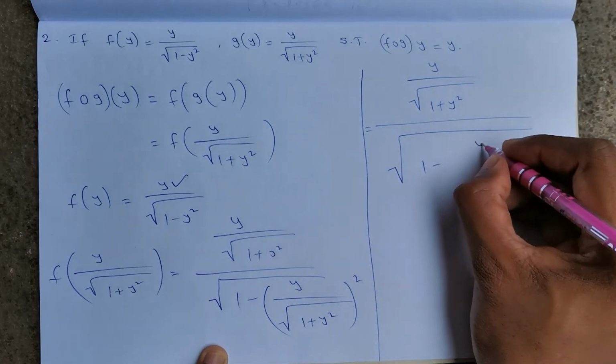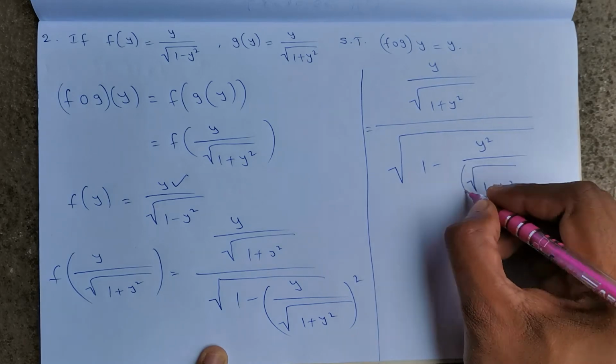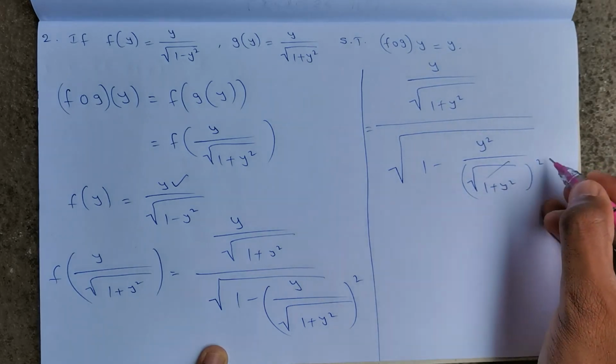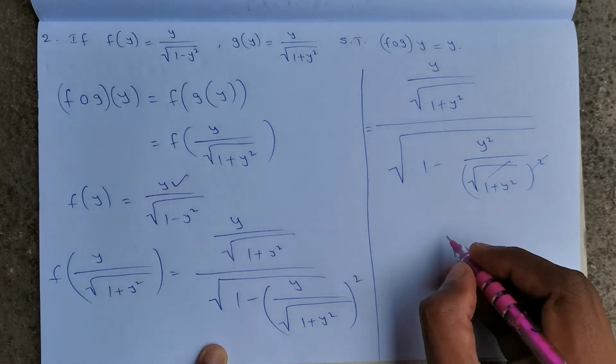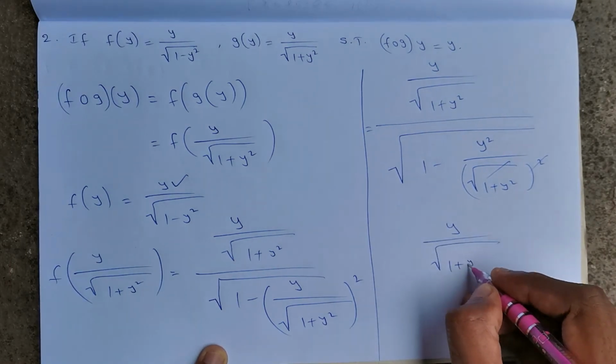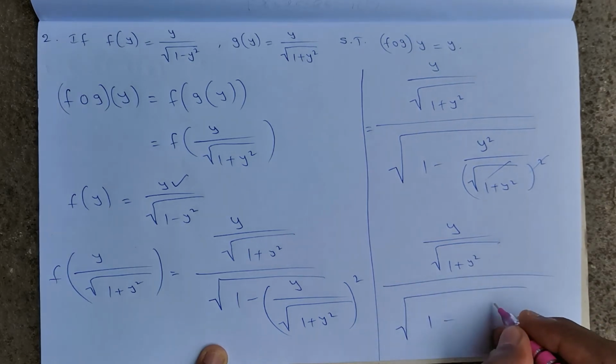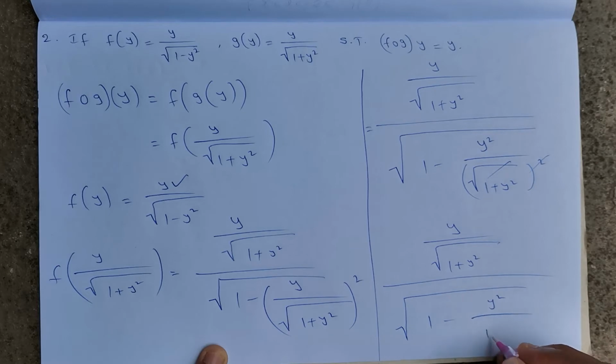So I am separating it, y square divided by under root 1 plus y square whole square. Here square root and square both will get cancelled. So we remain with numerator as it is, y divided by under root 1 plus y square whole divided by under root 1 minus y square by 1 plus y square.